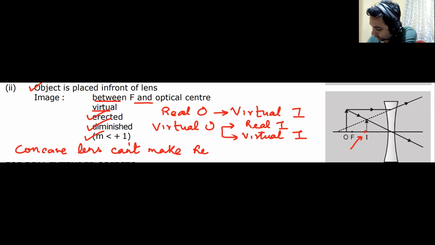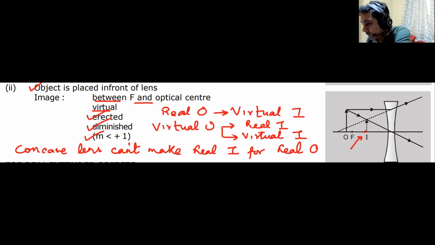It cannot make a real image for a real object. Do we understand this? It is similar to a convex mirror. A convex mirror cannot form a real image for a real object. Similarly, a concave lens cannot form a real image for a real object.